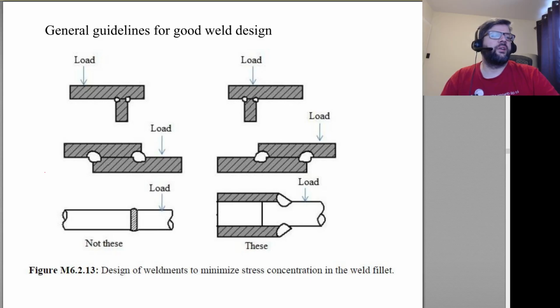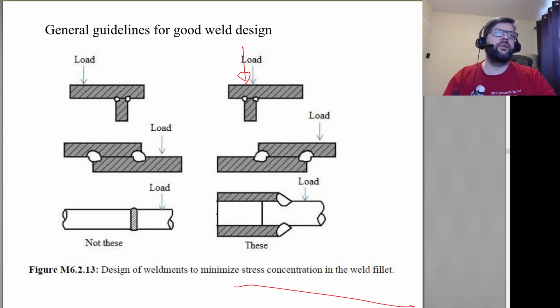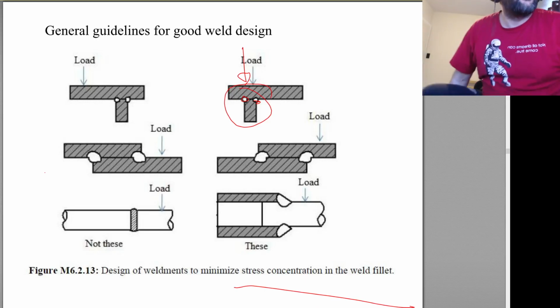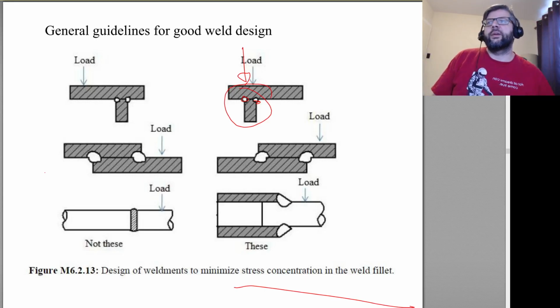Generally better to design your weld in a place that kind of reduces the stress concentration. So if you have a load being applied, if you could arrange to have the support underneath the load here, then that'll ensure that these two welds are going to be in compression, so they're not really going to be doing anything, because the fact that you're pressing the two original parts together means they basically wouldn't be going anywhere anyways.